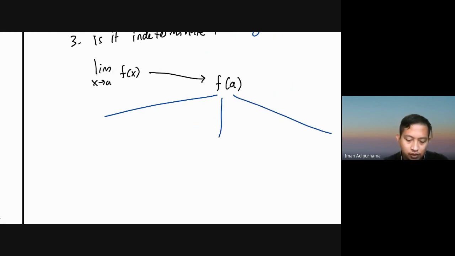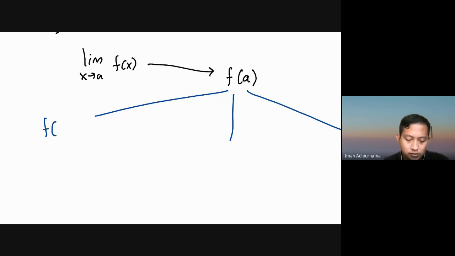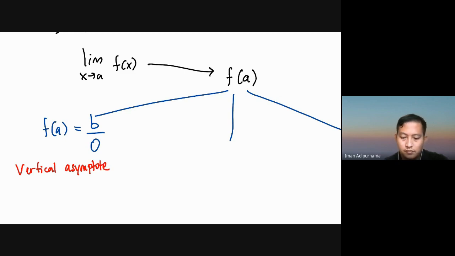The first one, you will have some constant b divided by 0, and directly you will notice that this will be your vertical asymptote. And then second, you get just b, and okay, done.